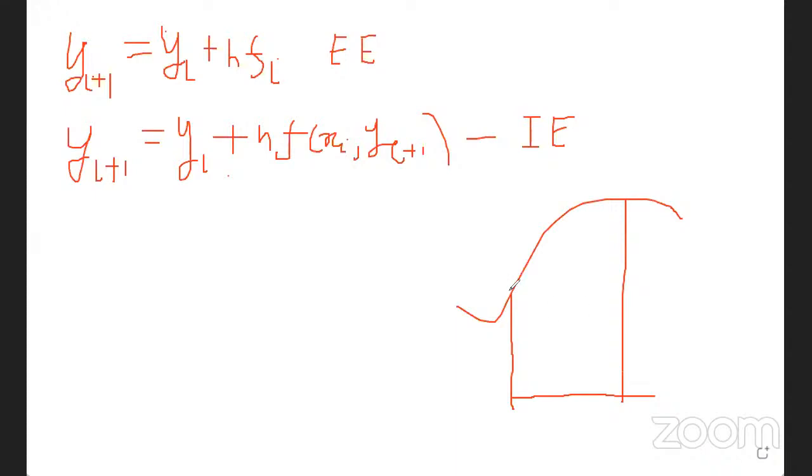One way is that we have approximated this area by this green rectangle, and in the explicit case, we approximated this geometry by another rectangle like this.